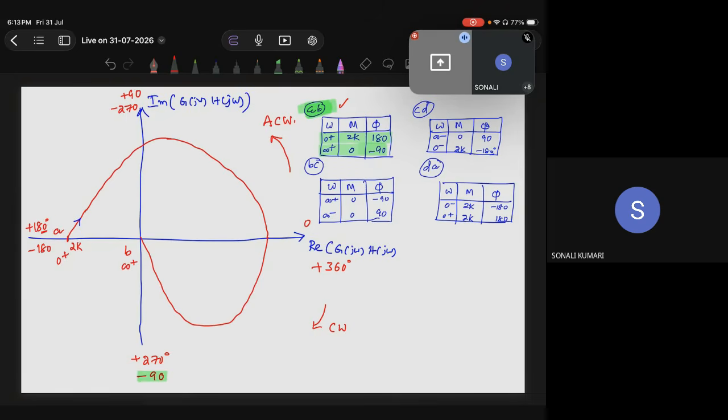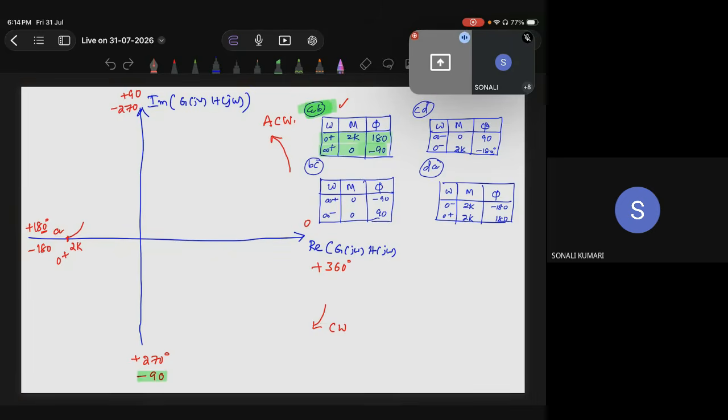Is this clear? Any doubt? So this is how I am going. Exactly what we are doing is, I'm starting my path from something like this, from 180 onwards.